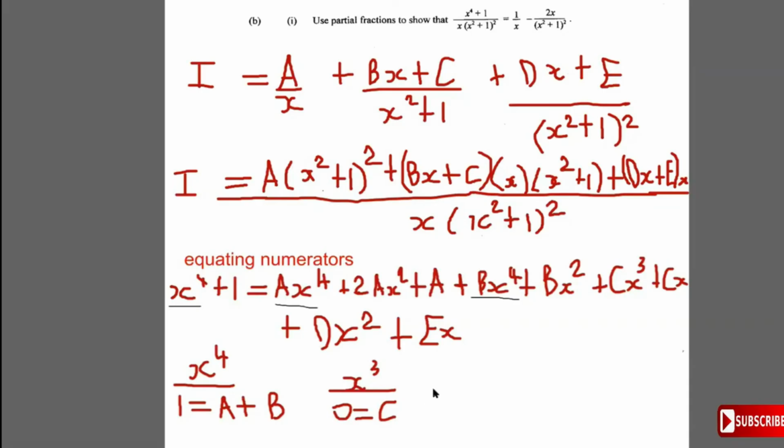And then equating x squared terms, there's no x squared term over there, and so 0 is equal to the x squared term over here, 2a plus b. So 0 is equal to 2a plus b plus d.